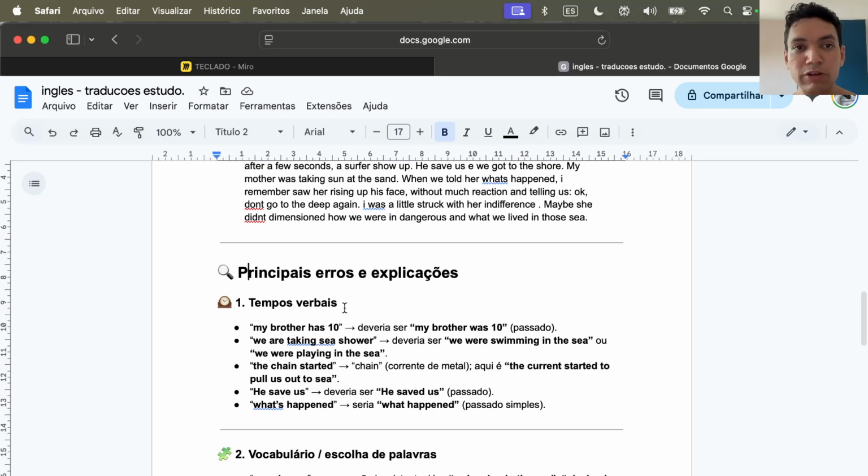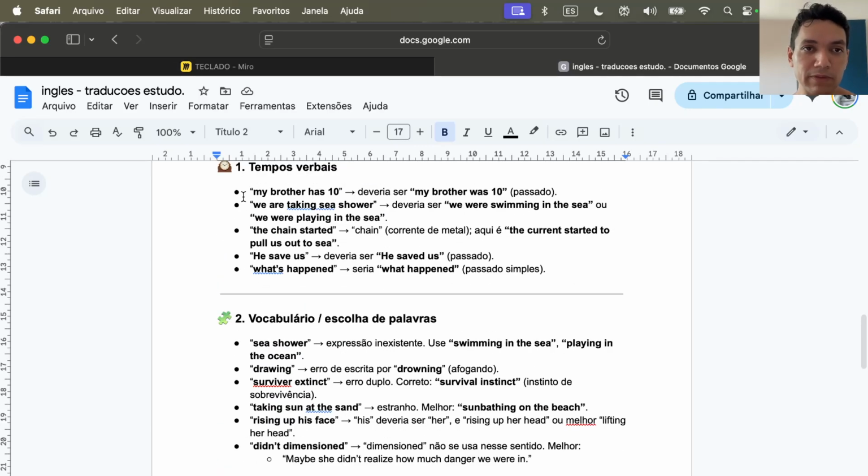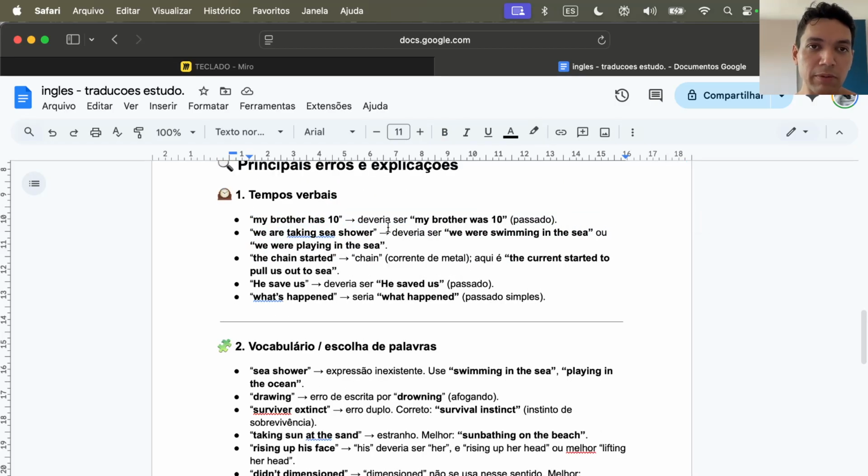Okay, so verb tenses. For example, I wrote, my brother has 10. And it told me in my mother language the explanation, okay? It told me it should be my brother was, because it's the past form. This kind of structure is not very useful in English, so it told me how it should be.